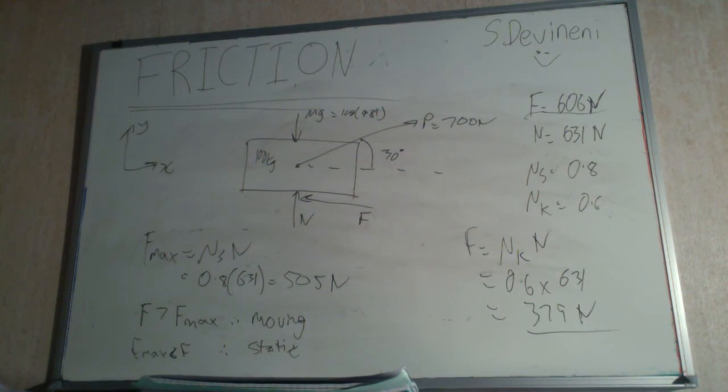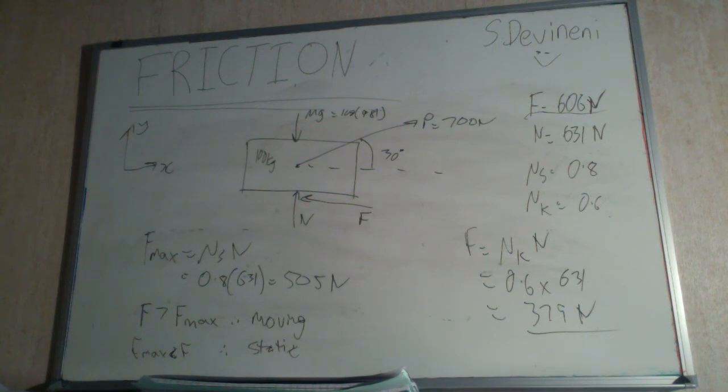We have observed that F is actually bigger than F max, so that means it must be moving. So since it's moving, we use mu k times N, which gives us 379 newtons. That means this body is moving, and the frictional force opposing the motion is 379 newtons. So that is essentially how you solve a basic friction problem.